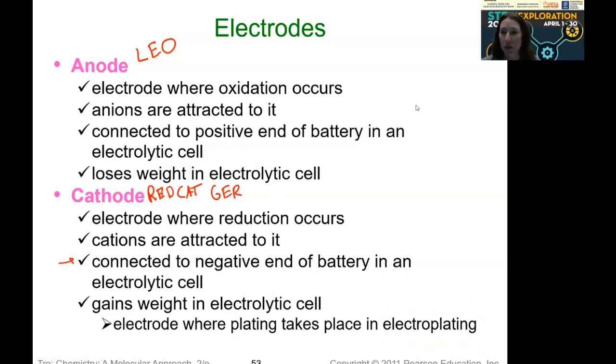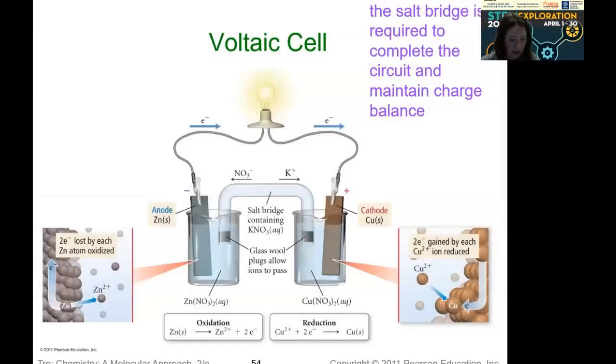Okay, so let's review our electrolytic cells really quickly. All right, so now, what do we have? So we have our salt bridge that completes our circuit and maintains a balanced charge, right?